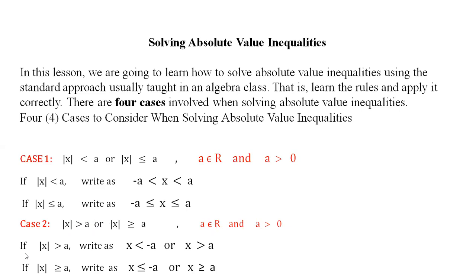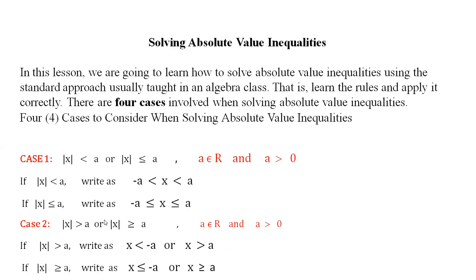We can express the inequality, the absolute value of x is greater than a, as x is less than minus a. Now the sign of inequality will be changed: the greater than sign is changed into a less than sign, or x is greater than positive a.